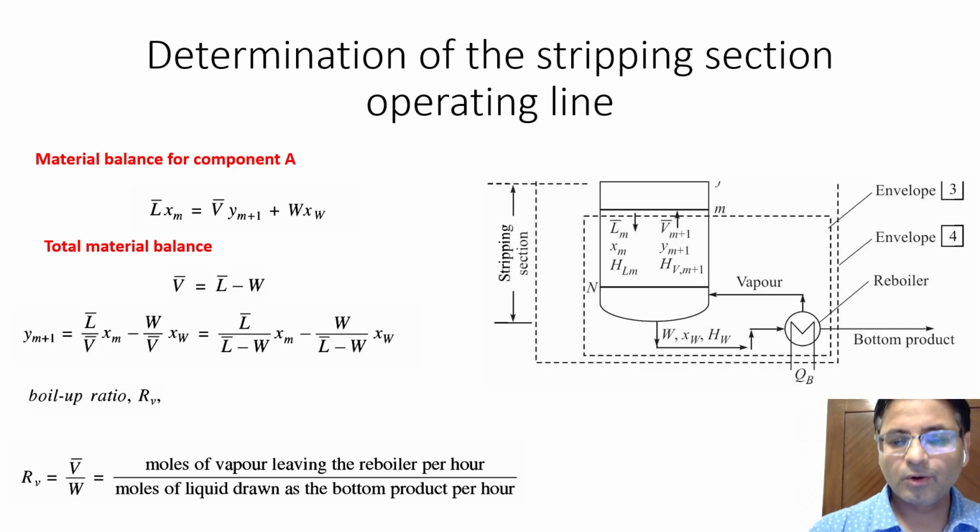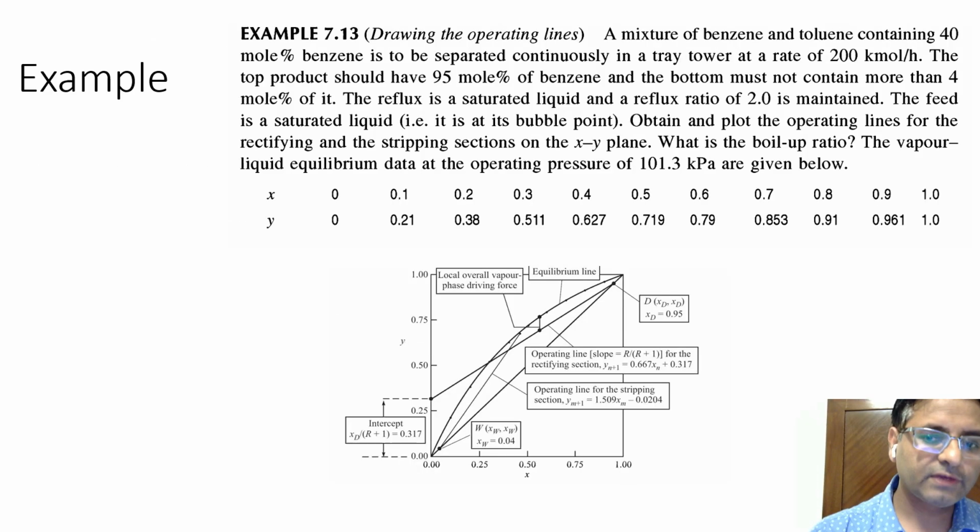So this is the method we can use for calculating the operating line in the stripping section. Previously we showed the rectification line, and this is an example where you can see benzene and toluene can be separated using this given xy data.